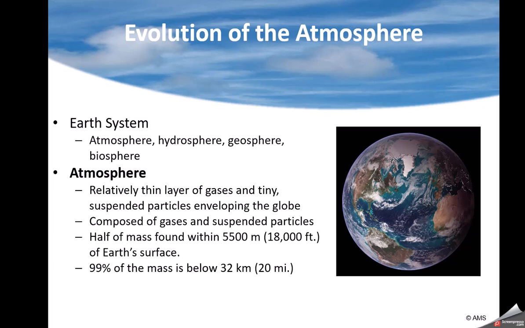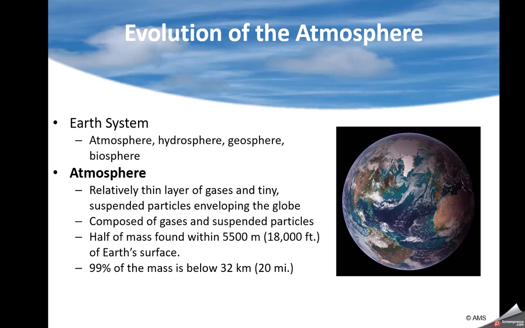The geosphere is like the rocks, volcanoes, things like that. And they interact with the atmosphere as well and change it. The biosphere is us, or plants. So all of that comes together to form what we call the Earth systems.